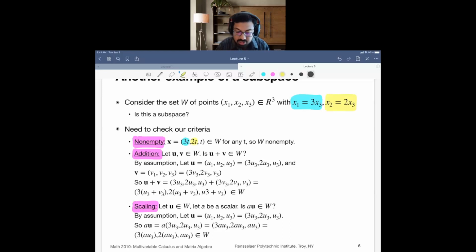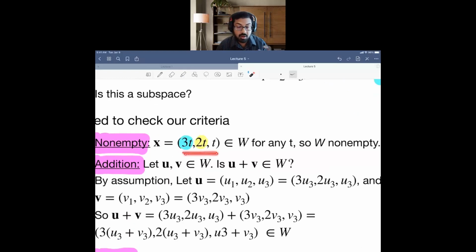And t is an arbitrary constant. So if I choose x3 to be t, some arbitrary value, then that subspace is going to have all these vectors of the form 3t, 2t, t.